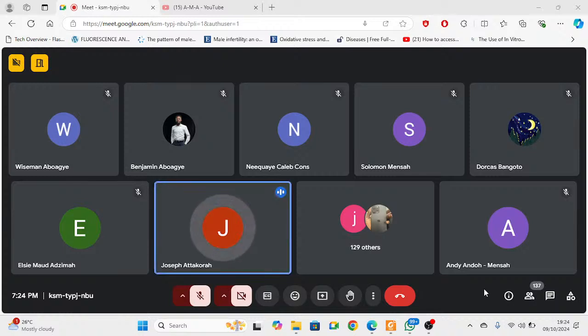Why do you say diabetes is a risk? It's a modifiable risk factor. Why do you say diabetes is a risk factor?